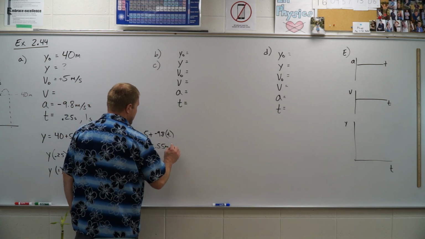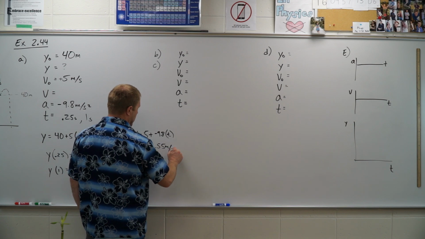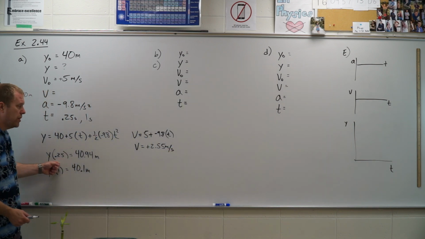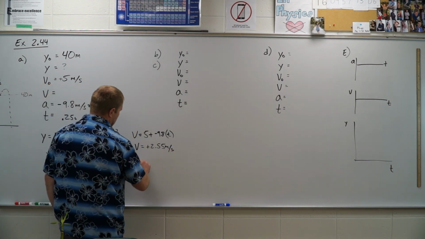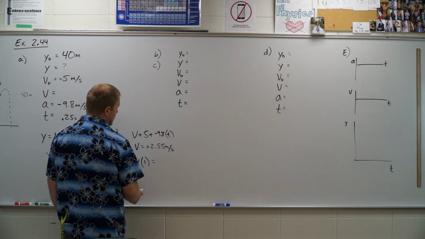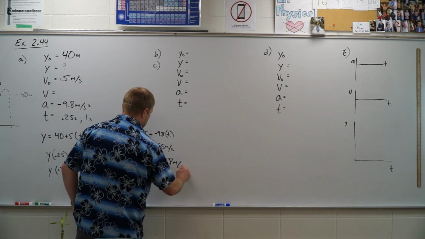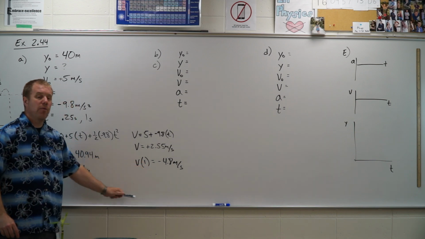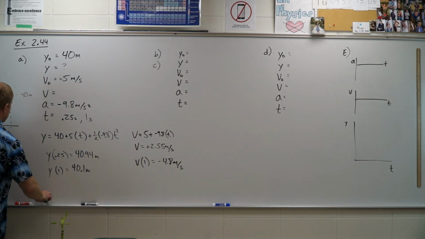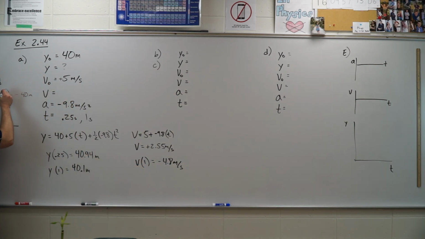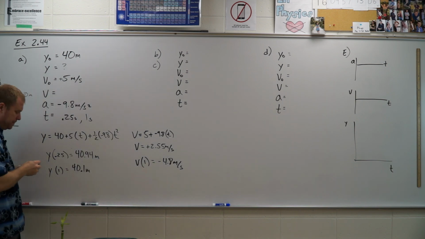That means that it is on the way up at this point, at 0.25 seconds. And then the velocity at 1 second is going to be negative 4.8 meters per second. So it's on the way back down, meaning that if I was to put those 2 points on here, one of them must be here, one of them must be there.